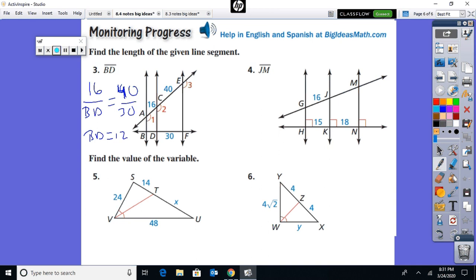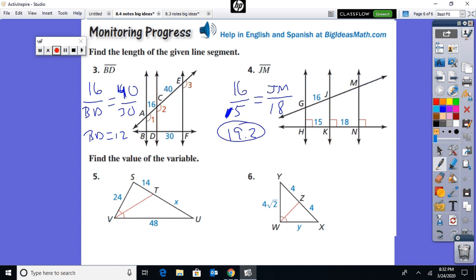All right, the next one, I'm looking at 16 is to 15 as JM is to 18. And that gives me a value of 19.2 when I cross multiply.